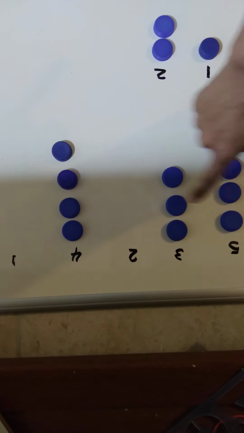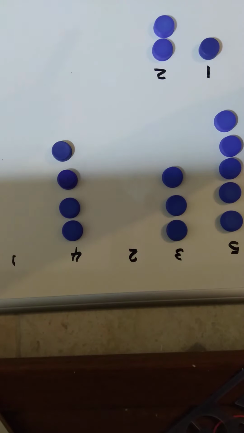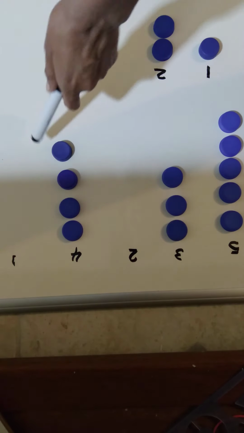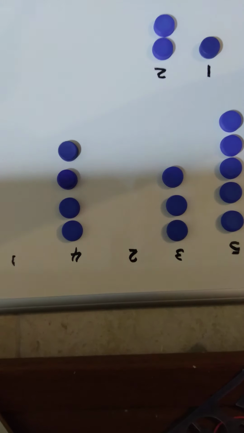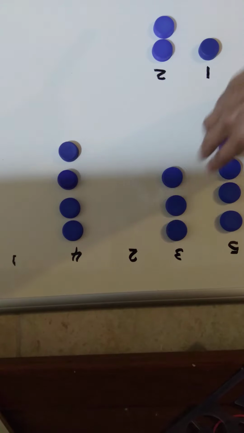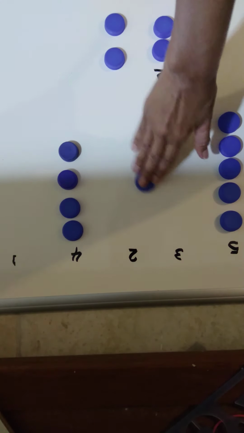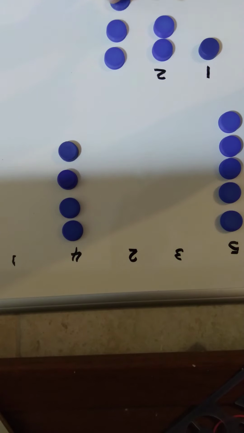And now, of all of these here, which one is the smallest? Is it 5? Look at how many 5 has. Is it 3? Look at how many 3 has. Or is it 4? Yes, you would be correct if you said 3. So I'm going to put it right there. Number 3 comes next.